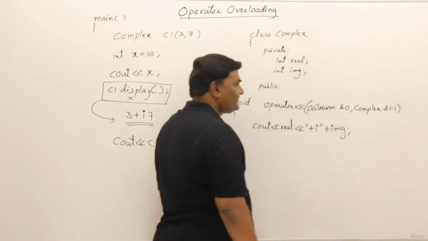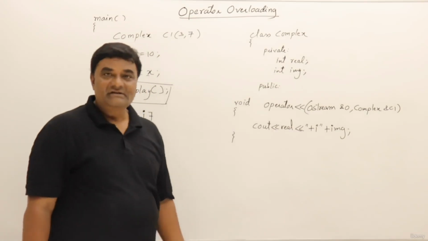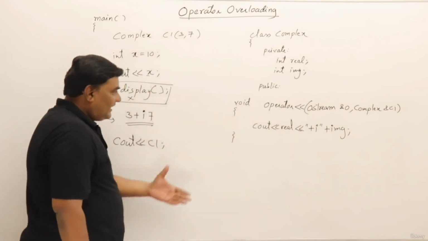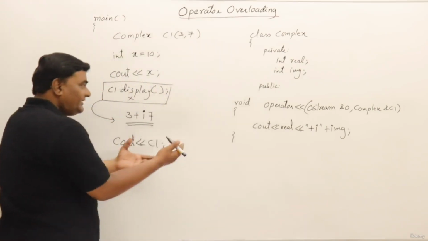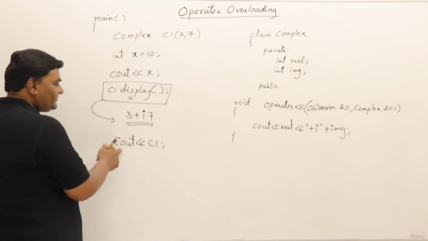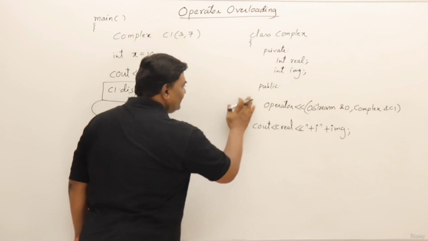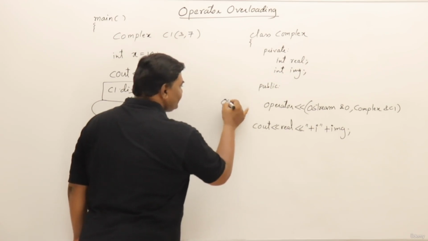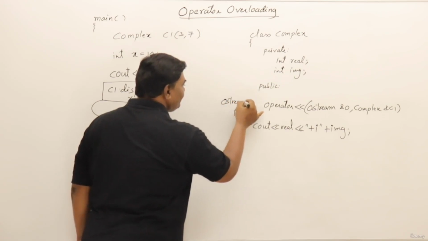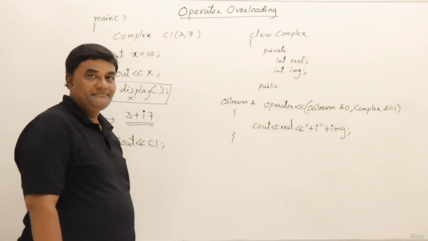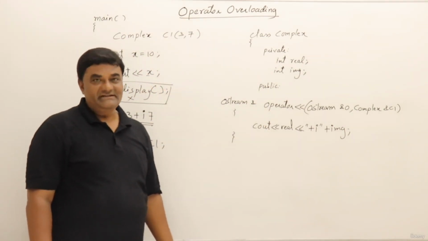You know very well what is passed by reference. Then after displaying this, we want it to return cout so that it can be used again in the same line. So here also I should write ostream reference, output stream reference.